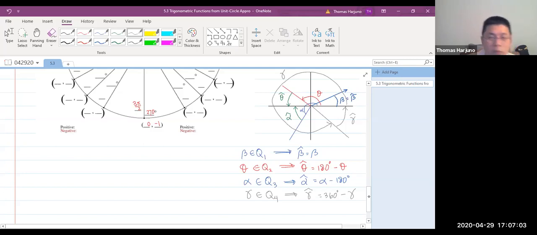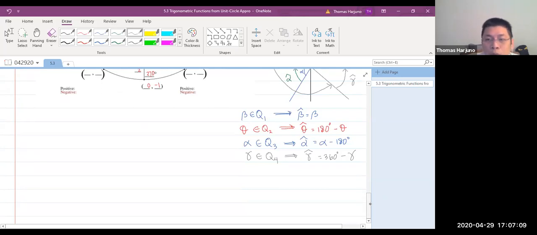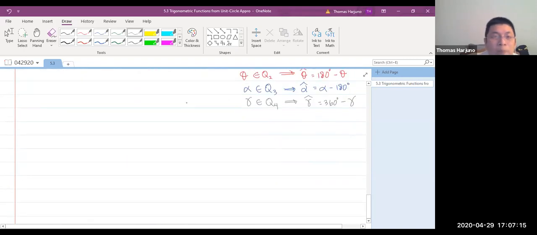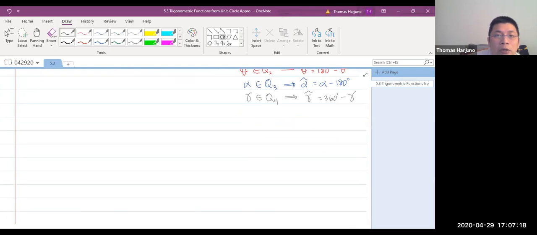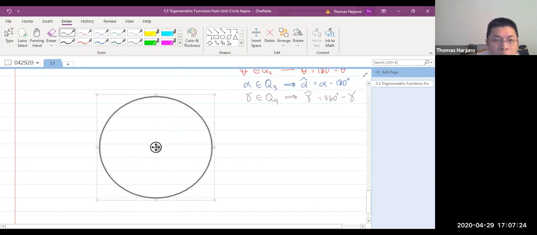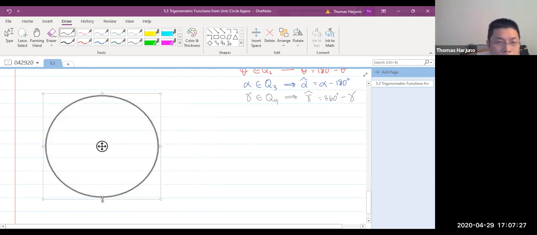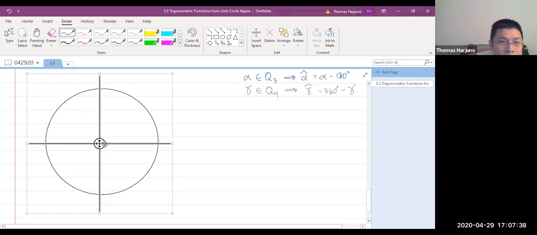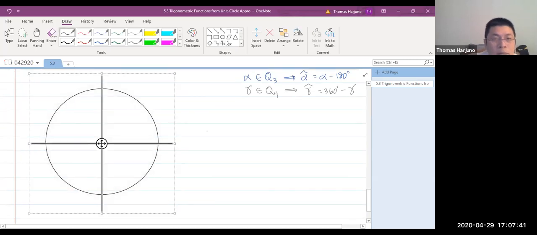Now, let me give you the purpose of learning reference angles. Let's go back to the unit circle. Let me just copy that somewhere. Actually, it doesn't have to be the unit circle, but you can see it from the unit circle point of view. Now, I want you to realize the following.